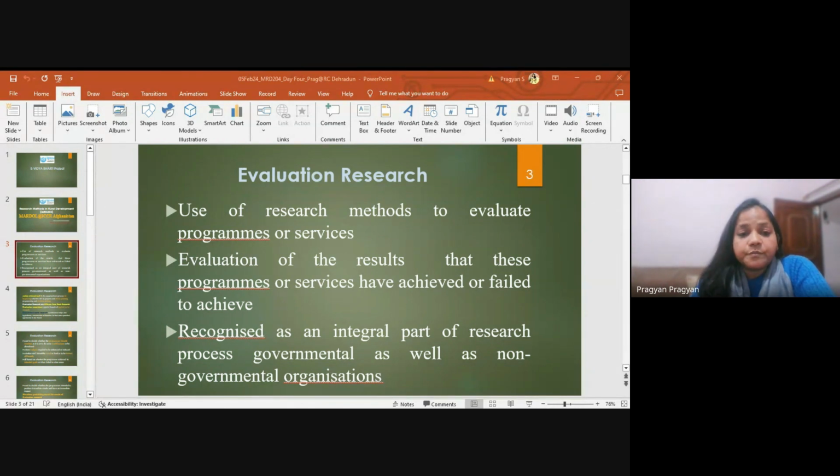Why? Because the whole idea of rural development depends on, number one, the concept of felt needs. That means stakeholders' needs.